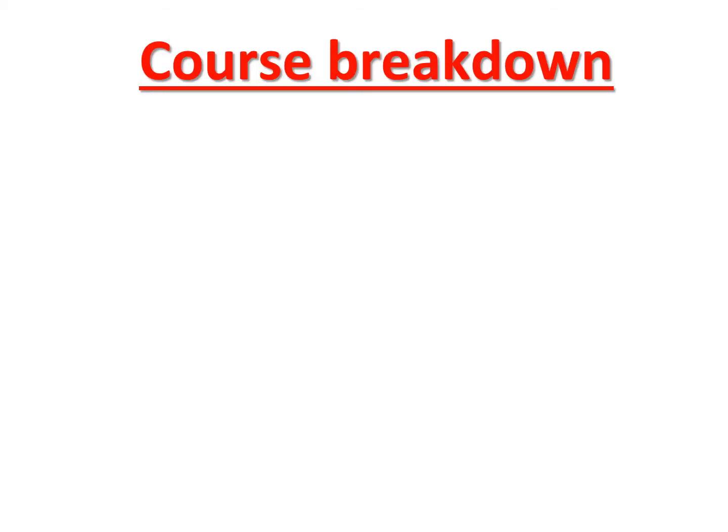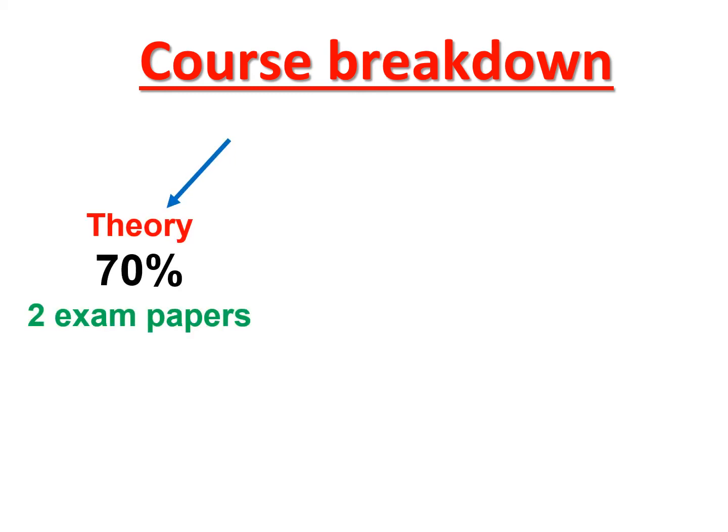Okay, so course breakdown for A-level PE. The biggest weighting is the theory content. This will be taught over the 2 years by myself and Mr Smith, and you will be assessed for the theory in 2 exam papers. I'll go into a bit more detail later on in the presentation about those.